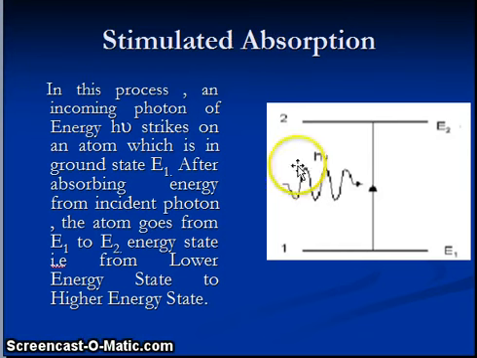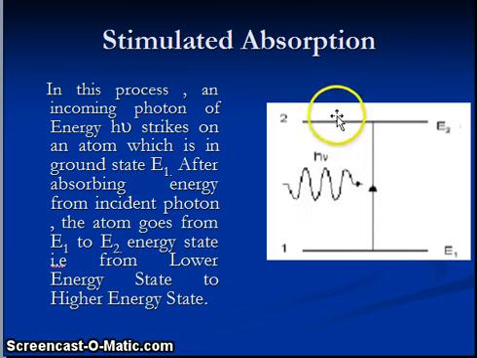And next is stimulated absorption. In stimulated absorption, when an incoming photon of energy h nu strikes an atom which is in the ground state E1, after absorbing this energy from the incident photon, the atom goes to the excited state E2. Or you can say there is a transition from ground state to excited state, from E1 to E2, by absorbing this photon having energy h nu.